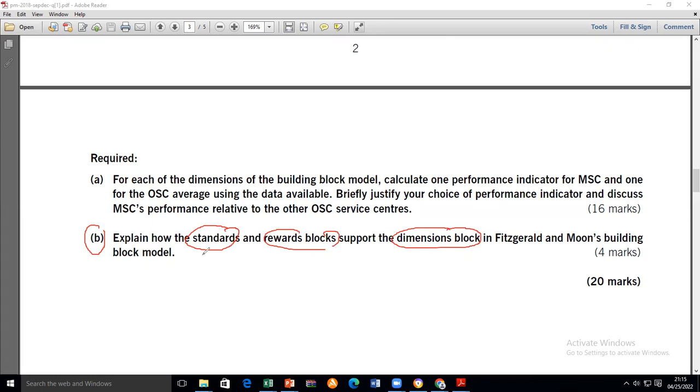What do you think about that question? Could it be the question you are looking for also? Yes, it's the one. Good. So I'll take you straight to the suggested solution on this part of the question, so that we see the support that exists between these. I'm going to do that straight away so that we can discuss it.